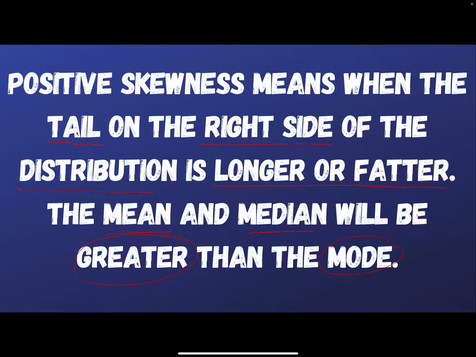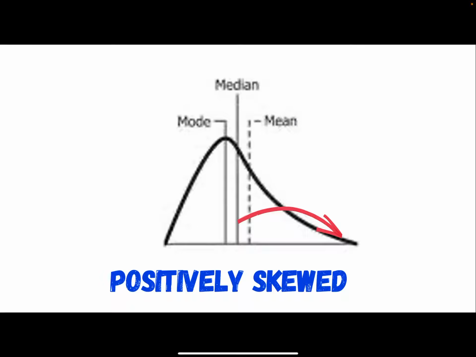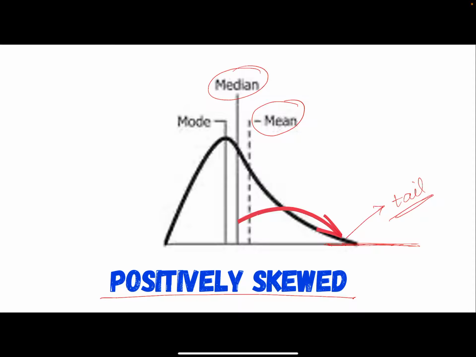For a positive skewness, the mean and median will be greater than the mode. This is the positive side. This is positively skewed. You can see the tail here on the right hand side. So, that is why it is positively skewed. Now, you can see the median and mean lying on the right side of the mode.